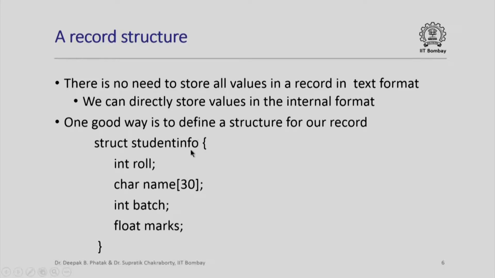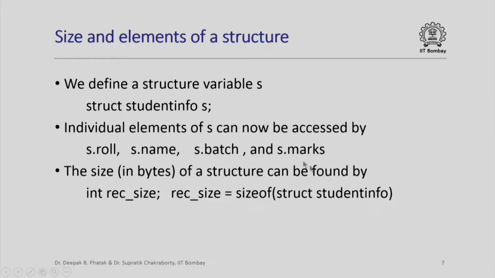Here is one good way of defining a structure. We say struct student_info and define these 4 elements: int roll, char name[30], int batch, float marks. Notice that this structure struct student_info acts like a new type. It is now possible to define a structure variable s by saying struct student_info s.